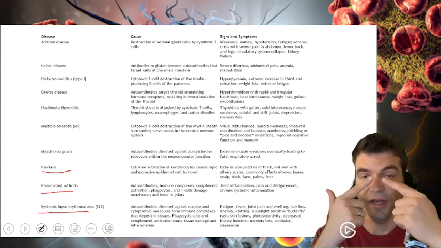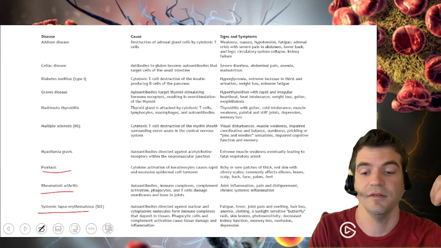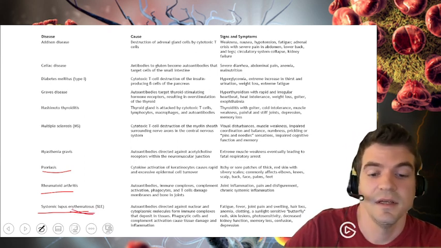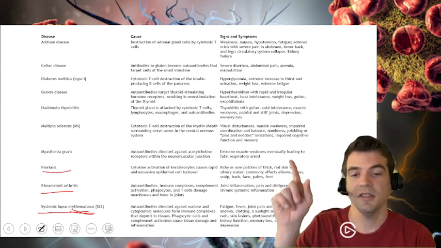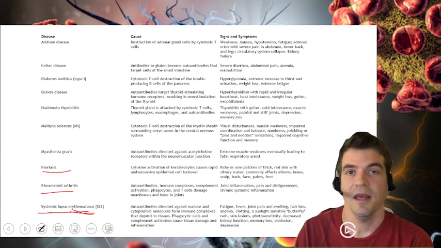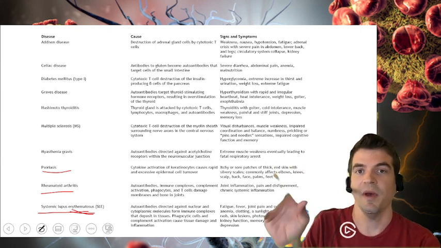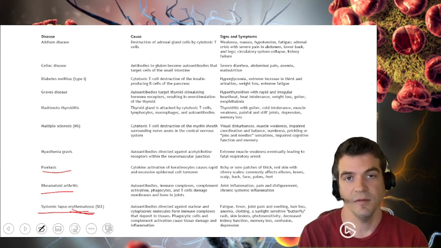With lupus, you get the red rash along your cheeks and nose, so lupus erythematosus. So go ahead and check out these signs and symptoms and causes. Don't try to rote memorize this list. Try and go back to a picture and associate what might be happening with each thing.